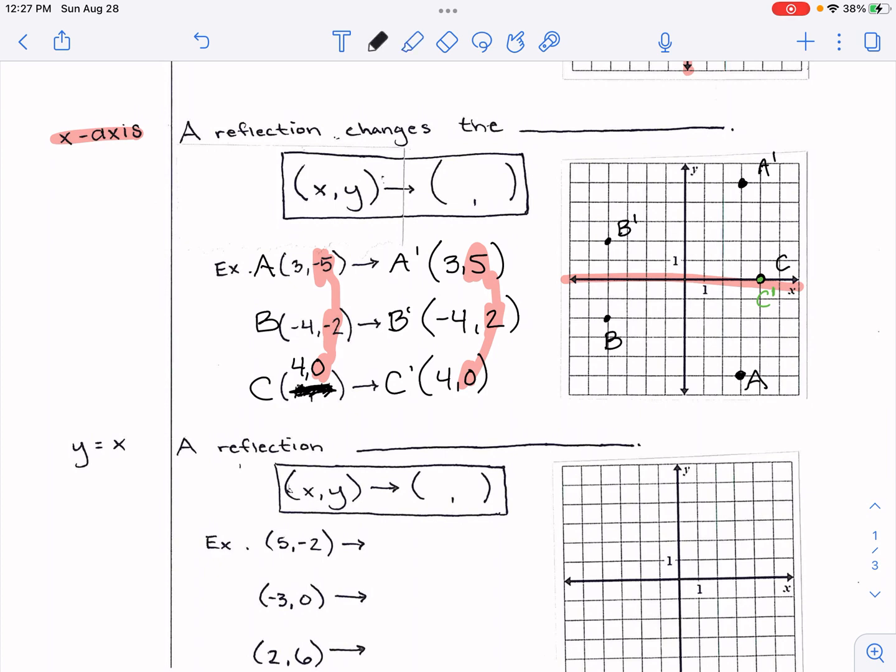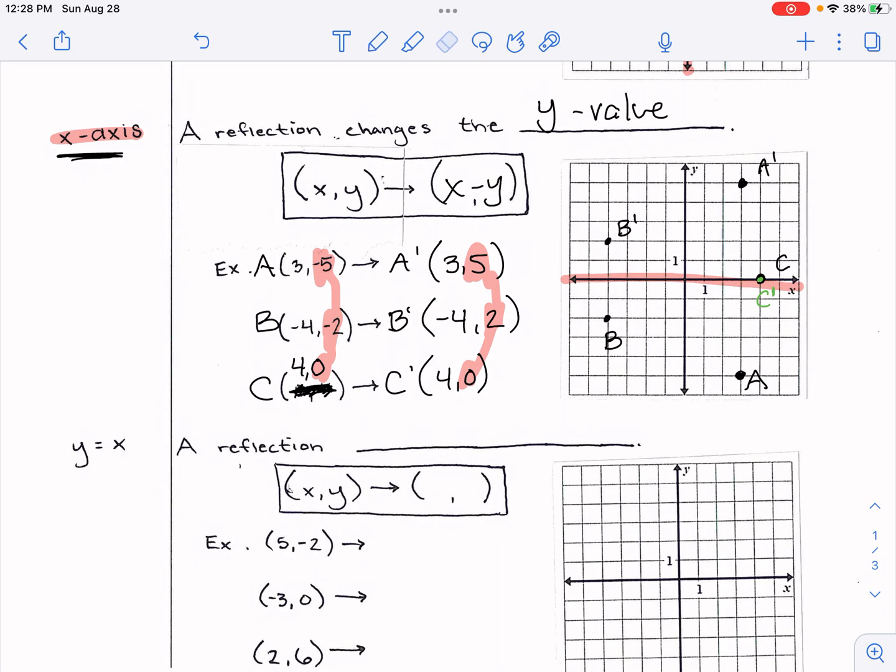So a reflection changes the y value. So when we reflect about the x-axis, the x value still stays the same, but the y value, we're going to put a -y. And one more time, that does not mean make y a negative. It means make y the opposite sign. Positives become negatives and vice versa.